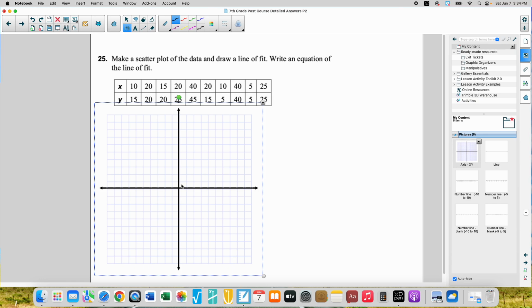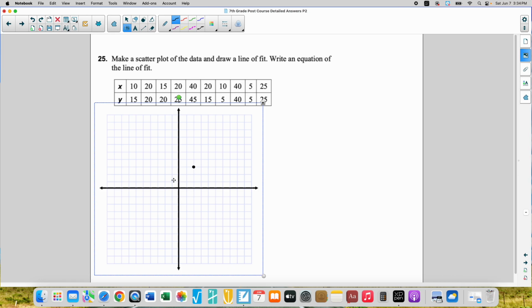So 10 on the X, 15 on the Y, and 20 on the X, and 20 on the Y. Oh, there we go. Sorry. 20, 20 is going to be here, right? Yes.